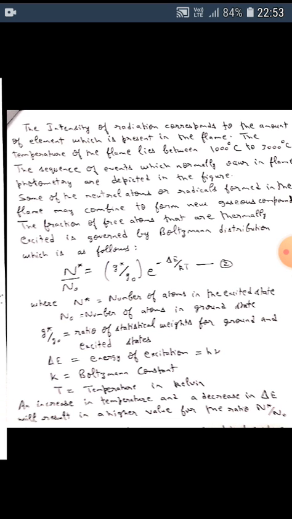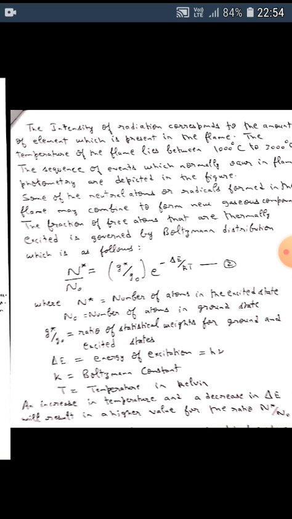Now, the fraction of free atoms that are thermally excited is governed by the Boltzmann distribution, which is as follows: n* upon n0 is equal to g* upon g0 times exponential of minus delta E upon kT, where n* represents the number of atoms in the excited state, n0 is the number of atoms in the ground state, g* upon g0 is the ratio of statistical weights for the excited and ground states, delta E is the energy of excitation, which is equal to h nu, k is the Boltzmann constant and T is the temperature in Kelvin.